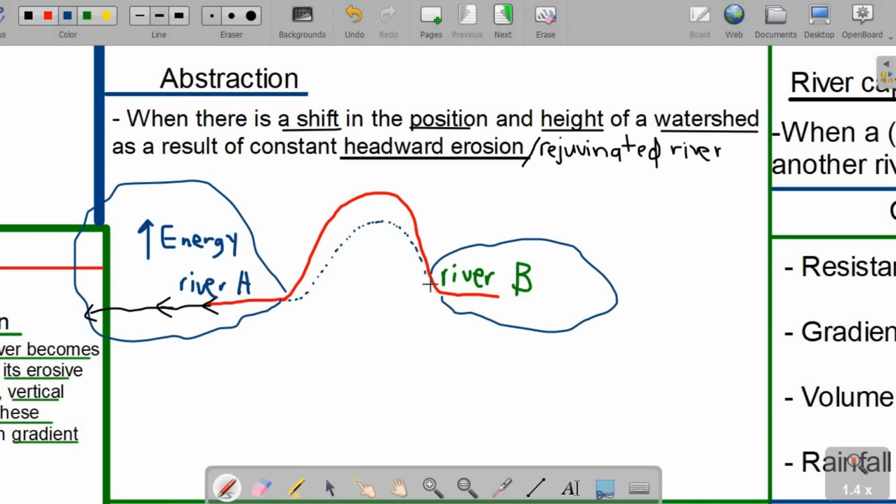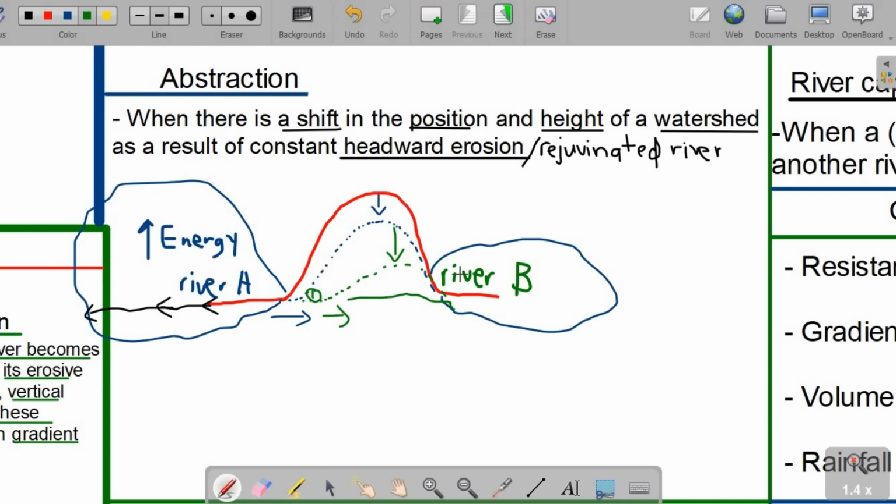So now the height of the watershed also drops, as well as the position of the watershed. So the watershed is now moving towards the right. It will keep on eroding this watershed. As you can see, it's becoming lower in terms of the height, and it is shifting towards the right, right? Until it becomes very gentle or completely flat like that.